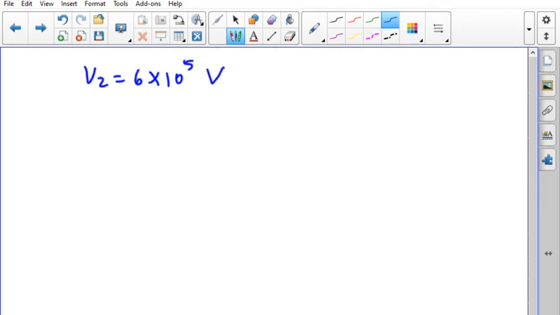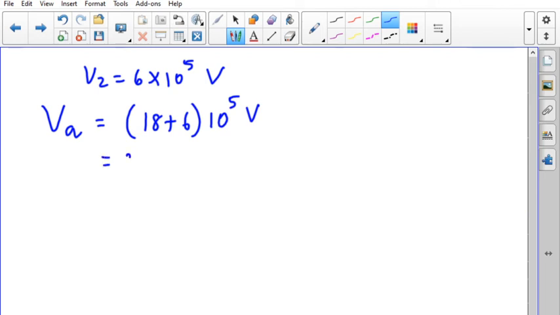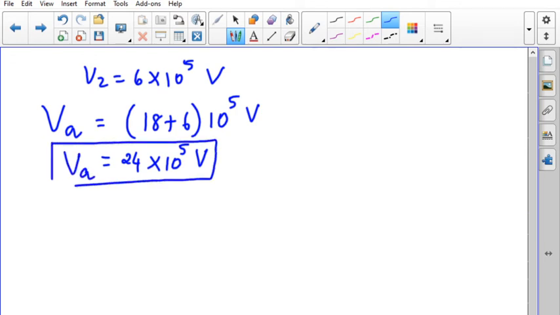So what is the potential due to both these charges? It is 18 plus 6 into 10 power 5 volt, which is equal to 24 into 10 power 5 volt. This is the potential at the point A. Similarly, you have to calculate the potential at B due to these two charges.